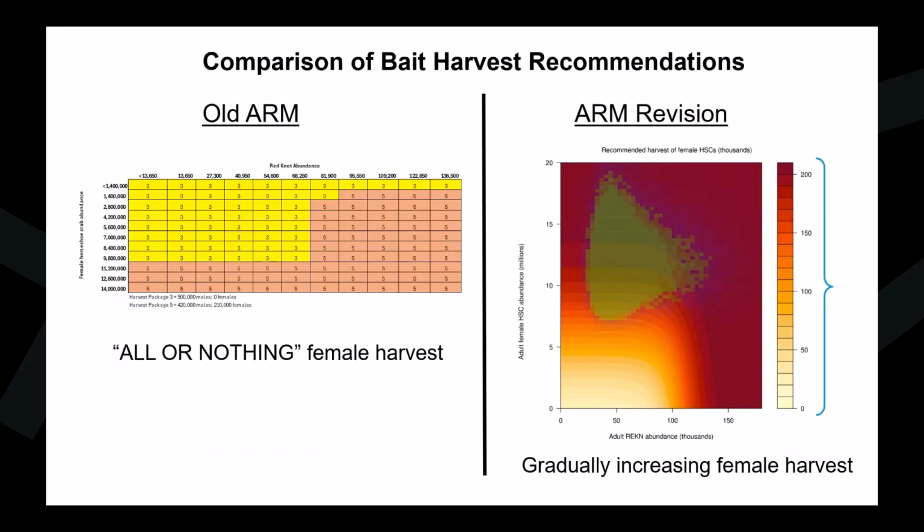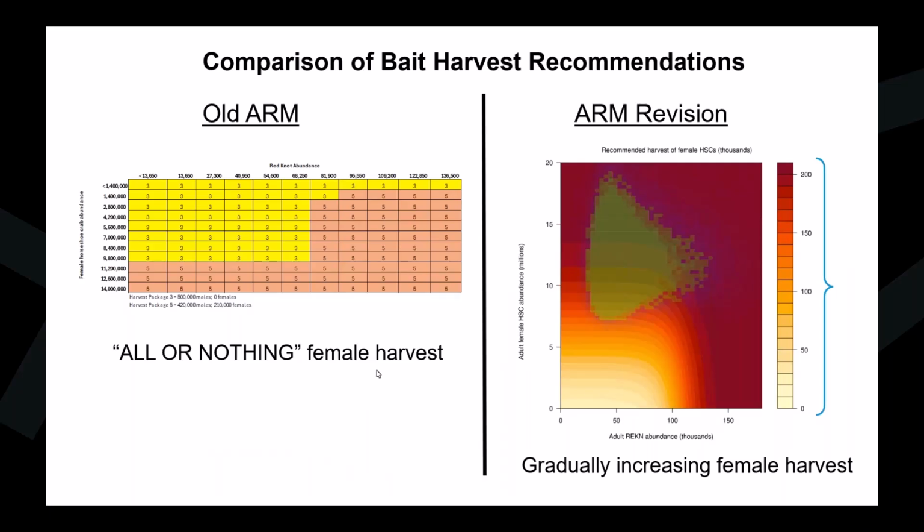Okay, the old ARM had this all or nothing kind of female harvest result that came out after the optimization was done, so that you would jump from harvest package 3 to 5 basically as soon as you hit one of the thresholds.